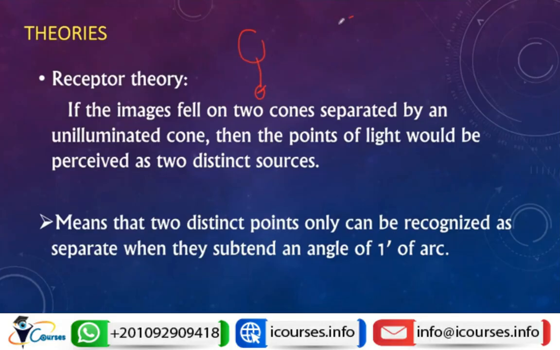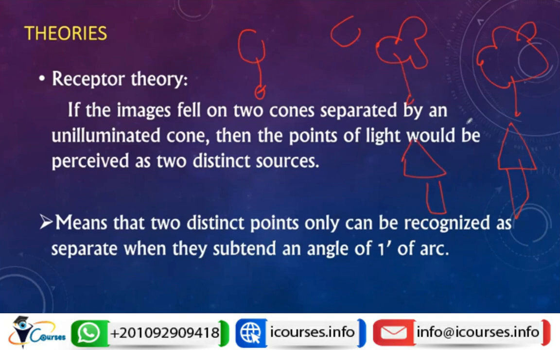Let's say, for example, that this is a target and this is a target. In order to see them separately, one target falls on one cone, and the other falls on another cone, and there is an unstimulated cone in between. So if the image fell on two cones separated by an unilluminated cone, then the points of light would be perceived as two distinct sources.